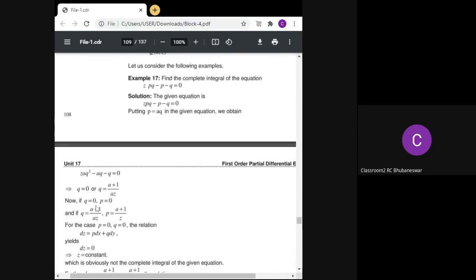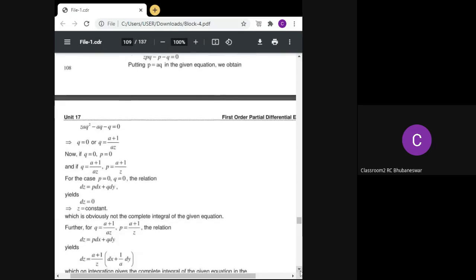Now, if we choose the value of q equals 0, we are able to get the value of p equals 0. If we get the values of q and p in terms of the parameter and the variable z, then we can very easily substitute these values of small p and small q in the total differential form, that is dz equals p dx plus q dy.